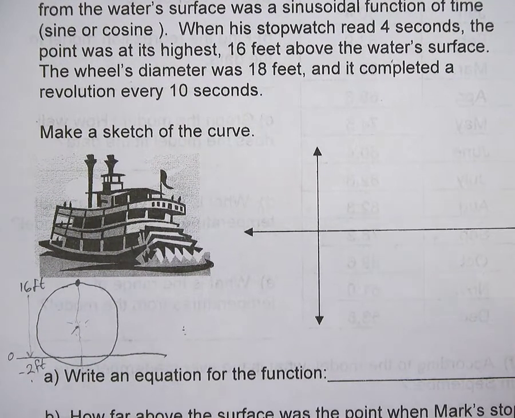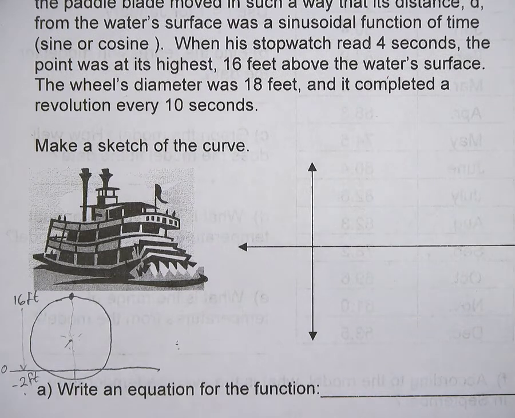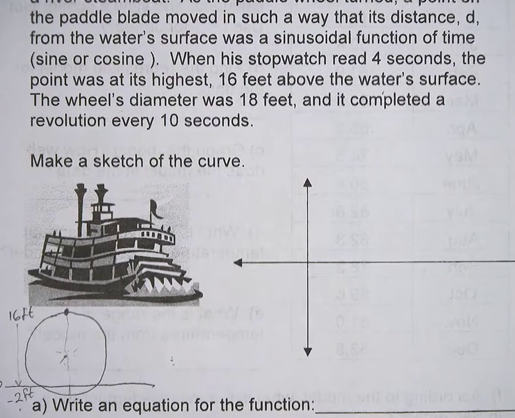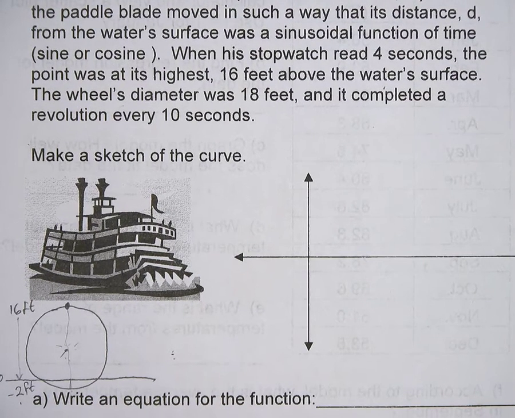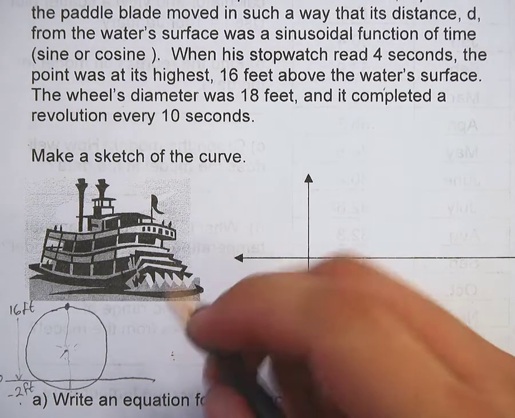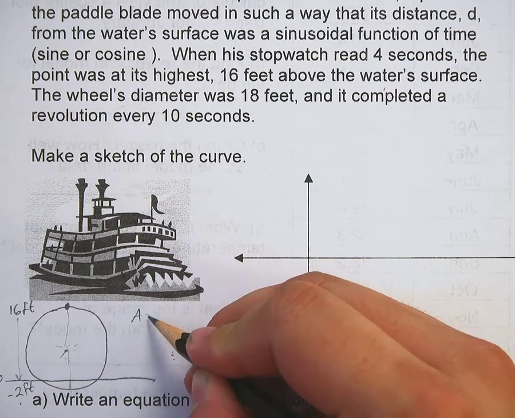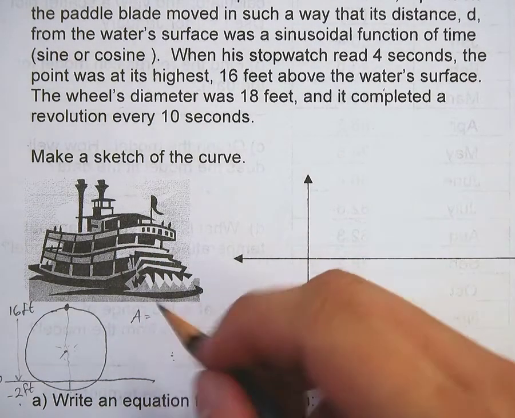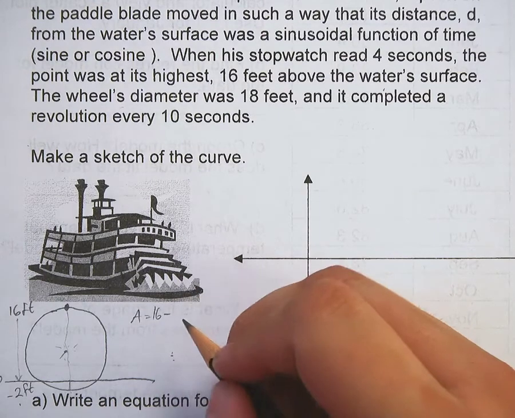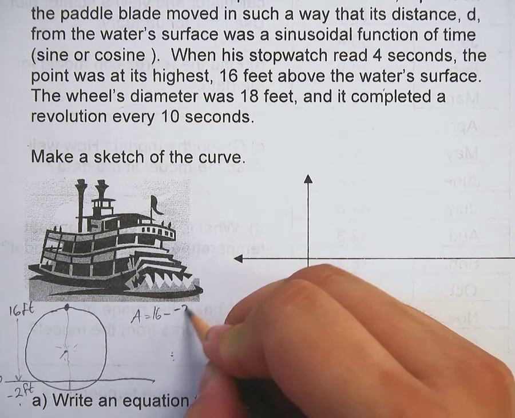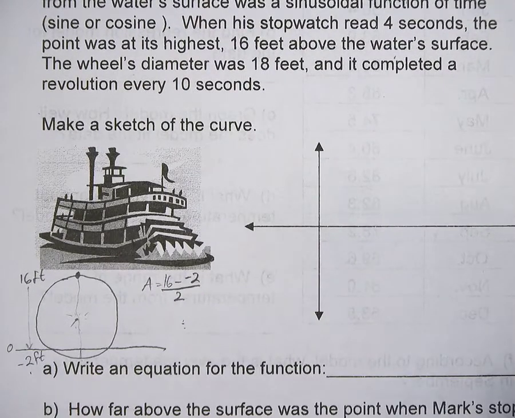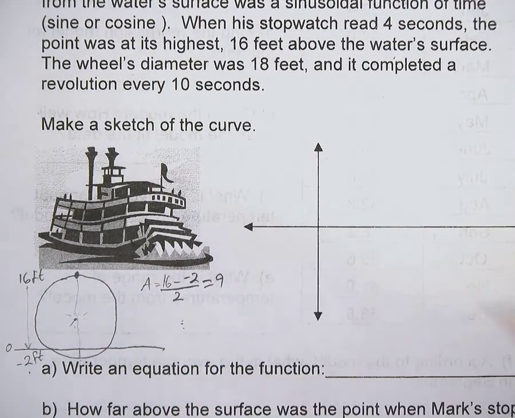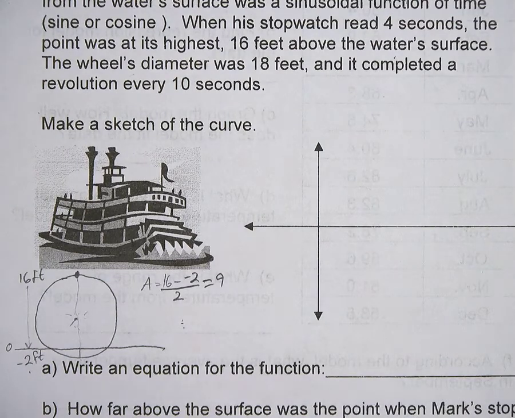Okay? And then it says it completed one revolution every 10 seconds. And we started at 4 seconds, right? 4 seconds was a high point. And then it completed a revolution in 10 seconds. So a couple of things here. Your amplitude is going to be your highest point, 16, minus your lowest point, -2, divided by 2. So that's 18 divided by 2, which is 9. So your amplitude is 9.